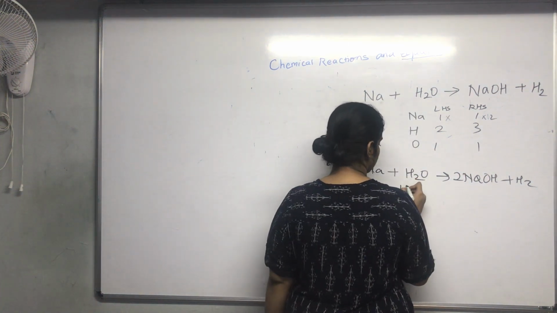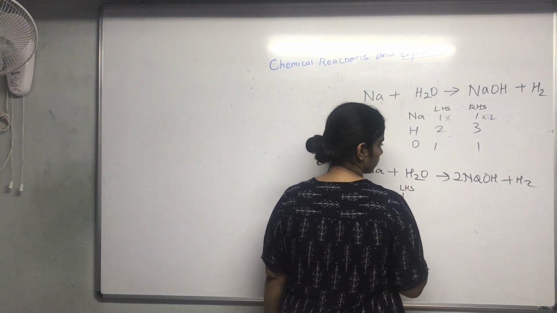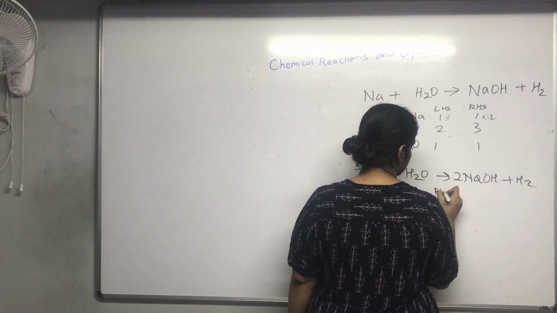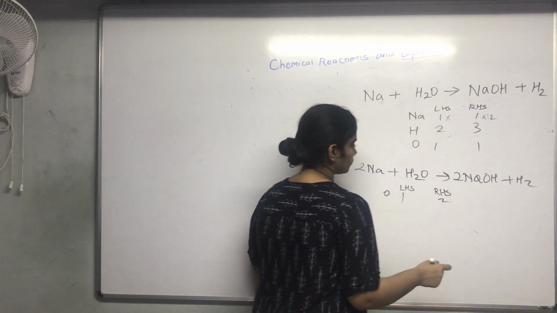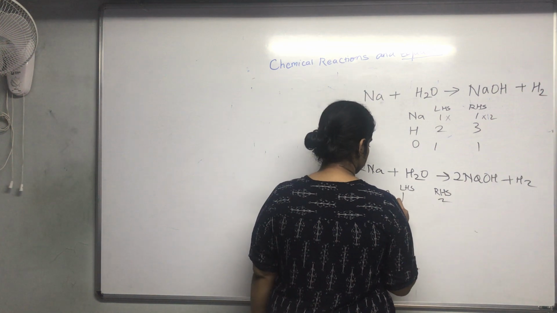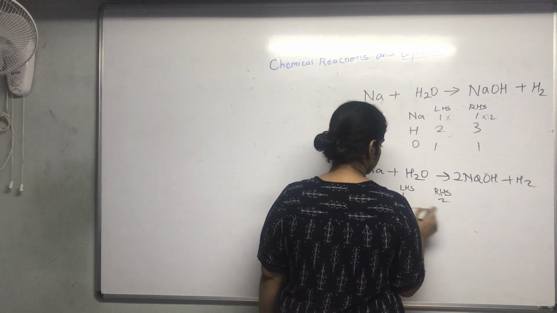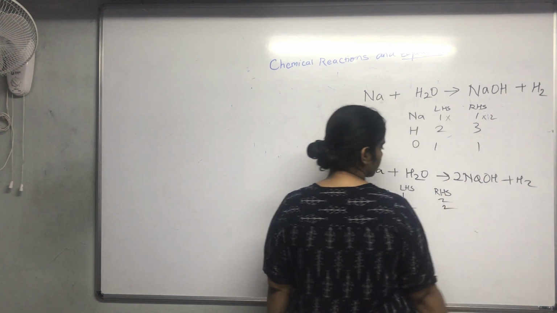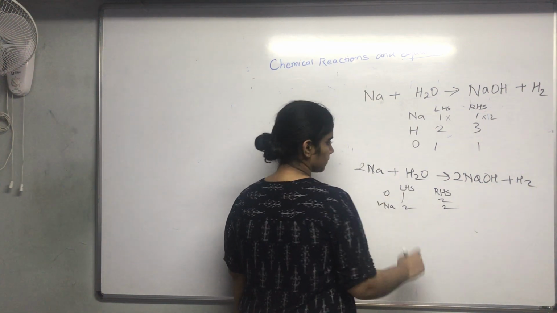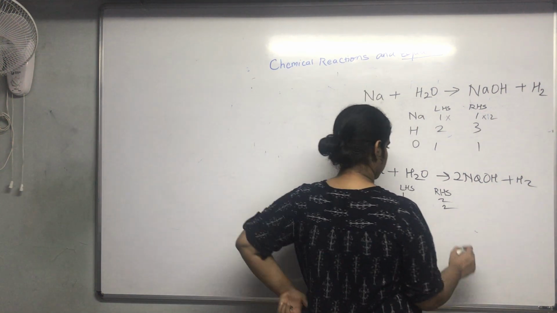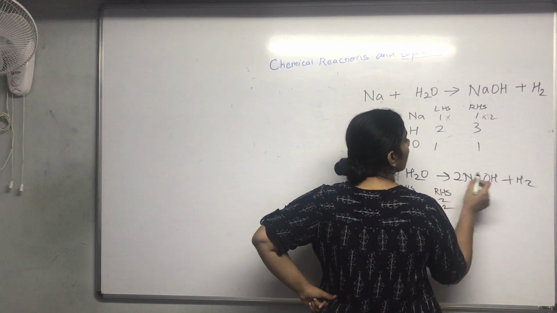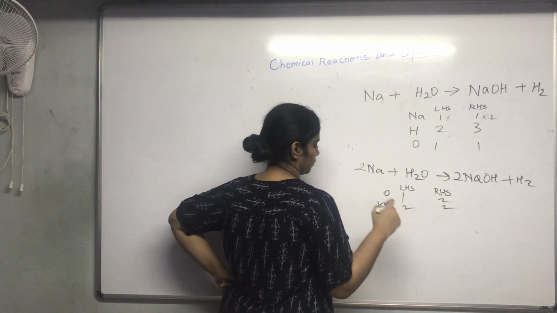On LHS, O is 1, RHS O is 2. LHS Na is 2, RHS Na is 2, so Na is balanced. If I talk about hydrogen, there are 2 hydrogen and 4 hydrogen.